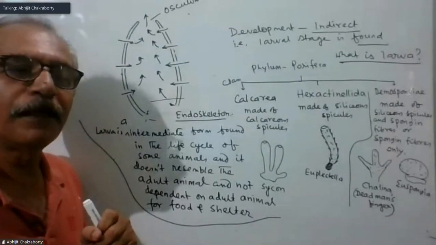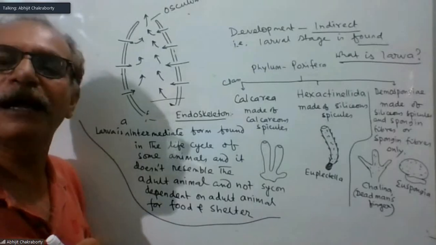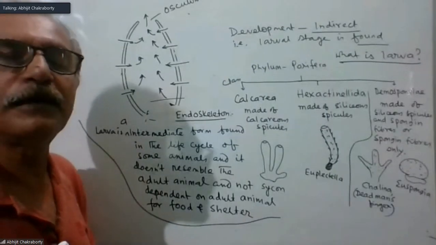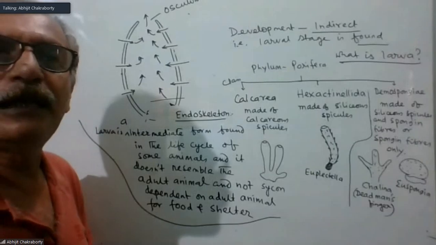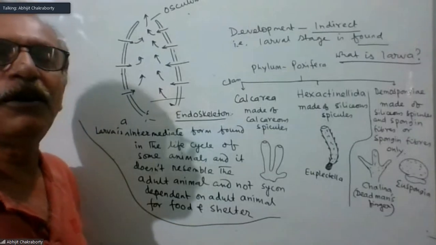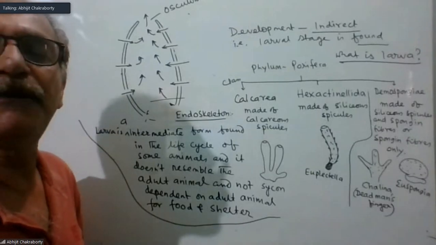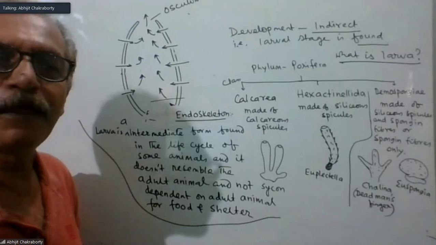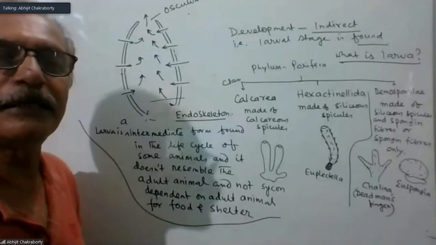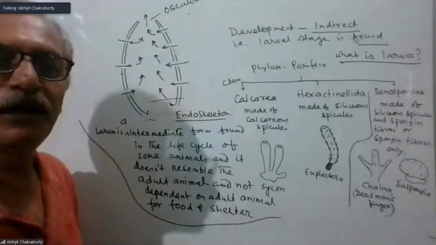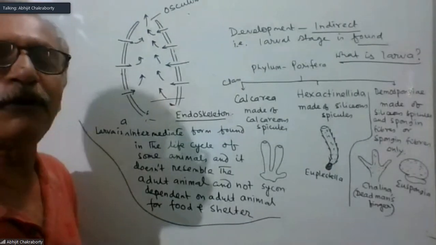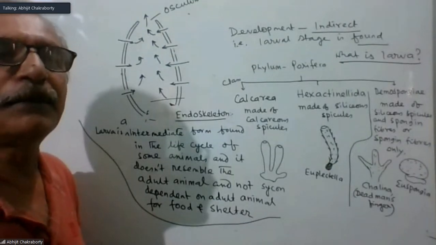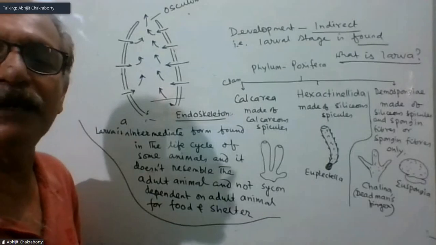Intermediate form. Suppose in case of butterfly, the intermediate form is caterpillar. In case of toad or frog, the intermediate form is tadpole. Tadpole never resembles a toad and is not even dependent on the toad for food and shelter. Similarly, you have seen a lot of caterpillars.